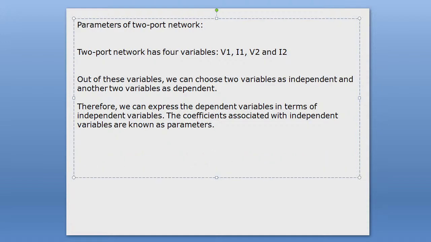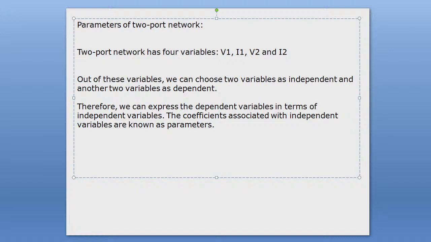So now it is clear to us what is a parameter and what is a variable for a two-port network.